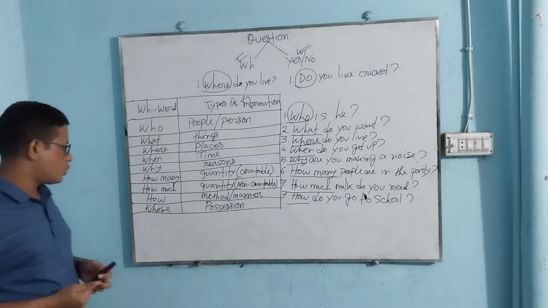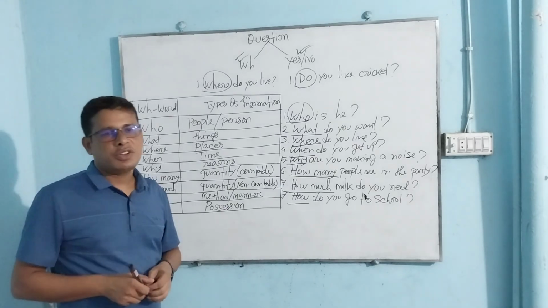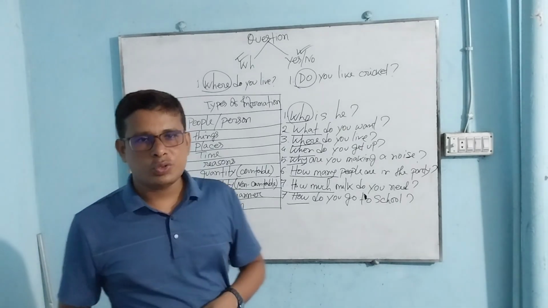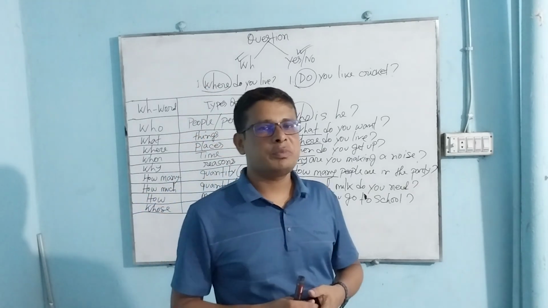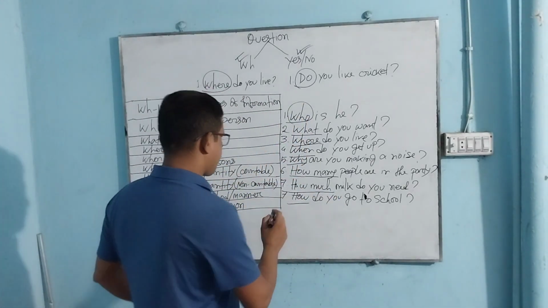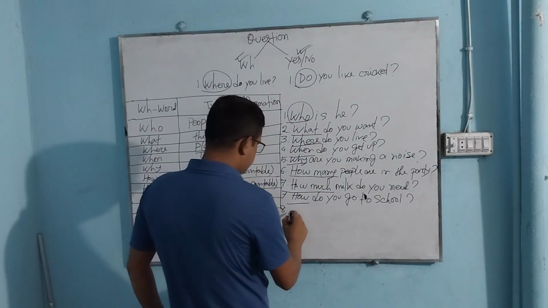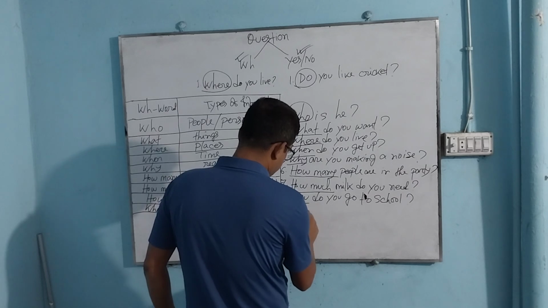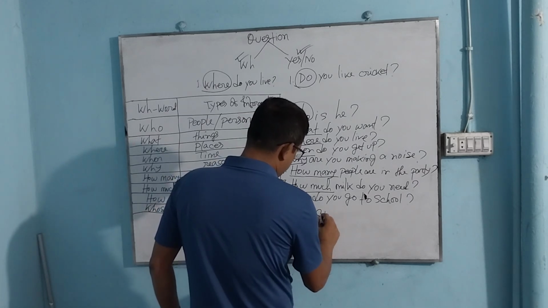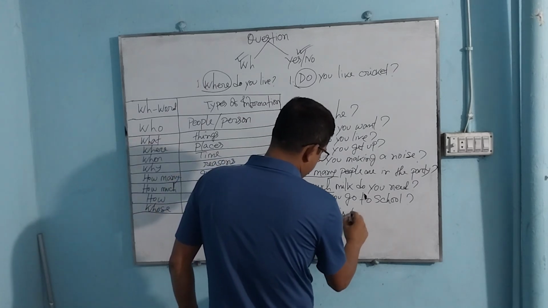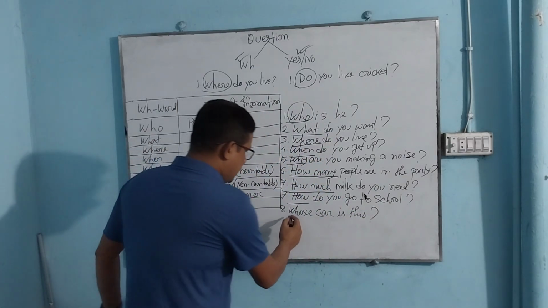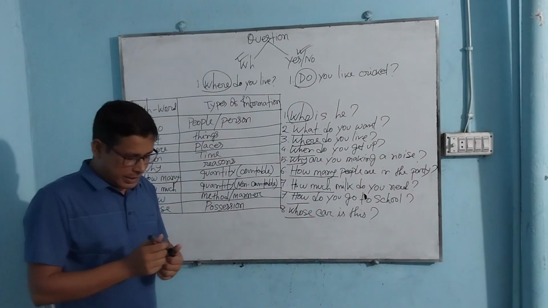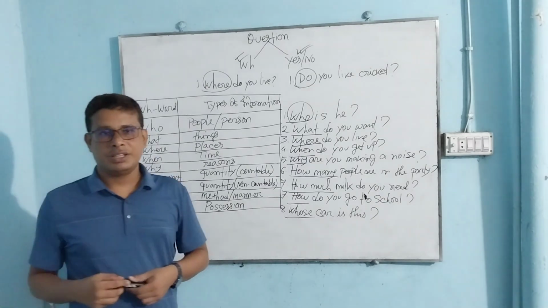And last, whose. Whose is normally used to give information or collect information about possession. Suppose, whose car is this? Whose car is this? In response to the question, we can say this is Rahim's car.